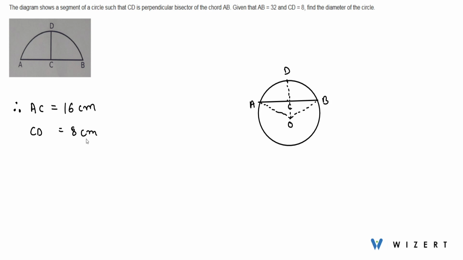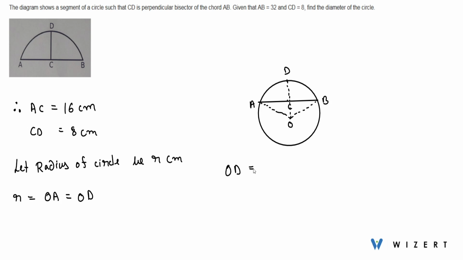Now let the radius of the circle be R centimeter. Now carefully observe that radius, which is R, will be equal to OA, which will be equal to OD. Now OD can be written as OC plus CD, right?